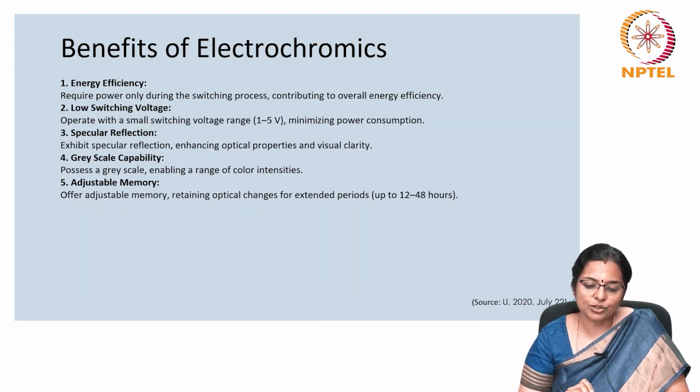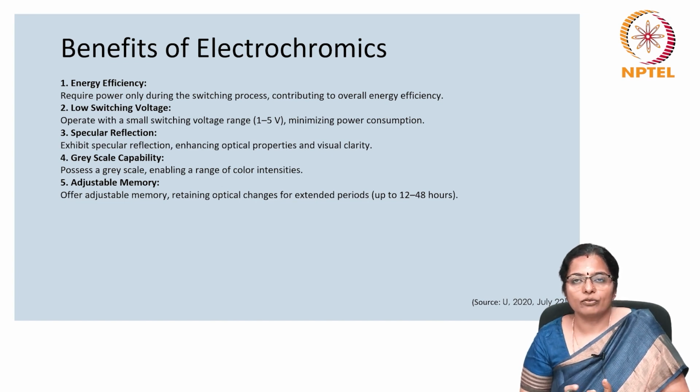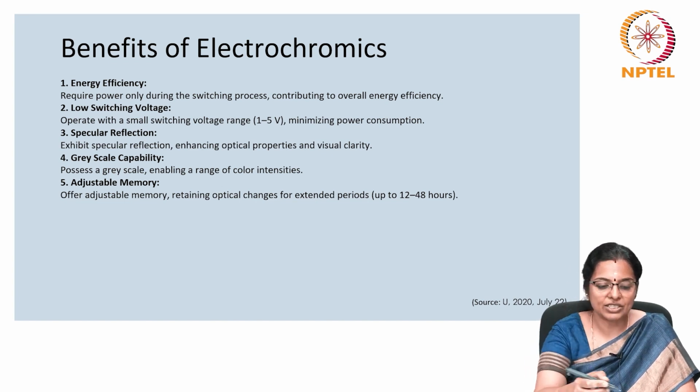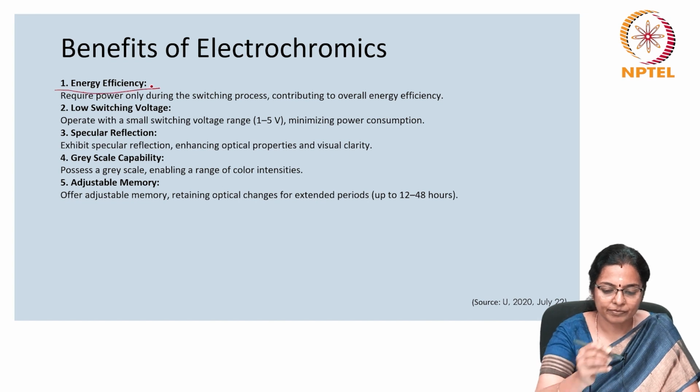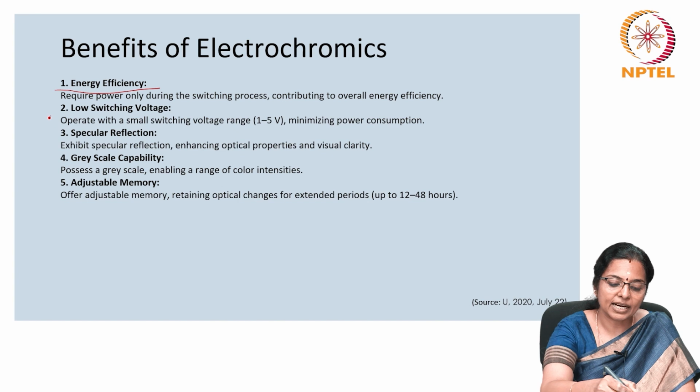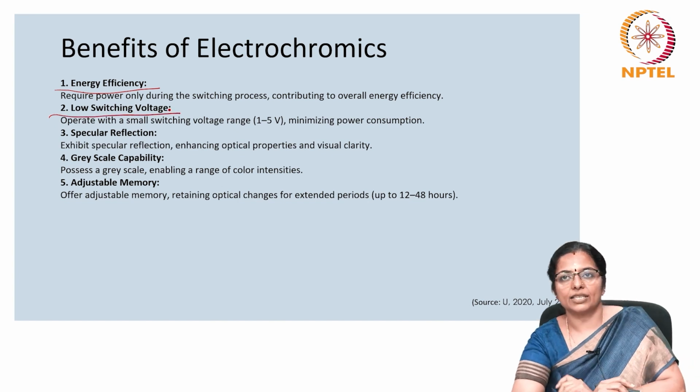What are the benefits of electrochromics? So, they offer a lot of benefits. First is they save energy because they only need power when changing colors. So, they require power only during the switching process and they contribute to overall energy efficiency. Second is low switching voltage.